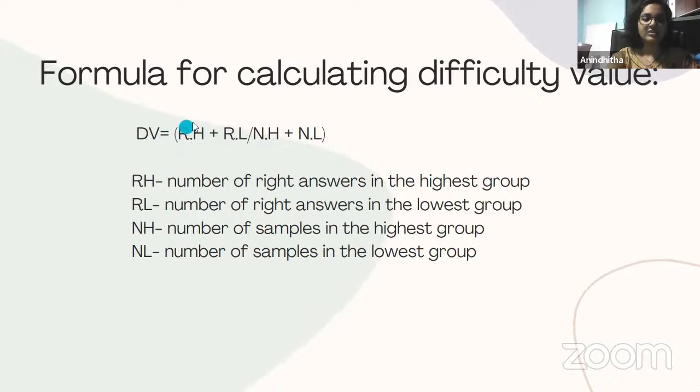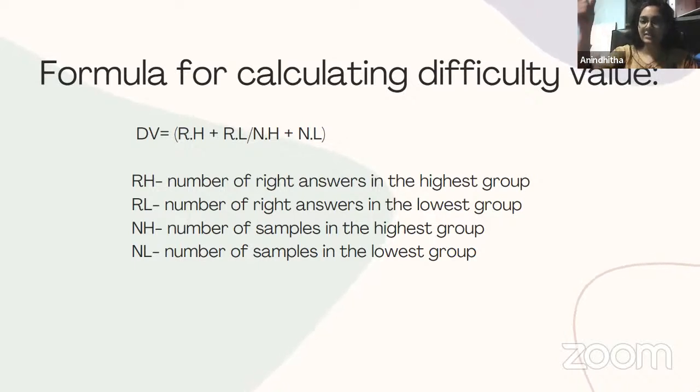Since we're taking only 27% on the higher and 27% on the lower, we're going to have an equal number for both NH and NL. So it's going to be twice a particular number, that's all.